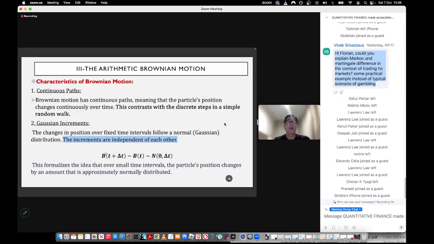So what does it mean here? The Brownian motion at t plus delta t, where delta t is an infinitesimal time interval, time step, minus the preceding position, if you want. So here the increment follows a normal distribution of 0.